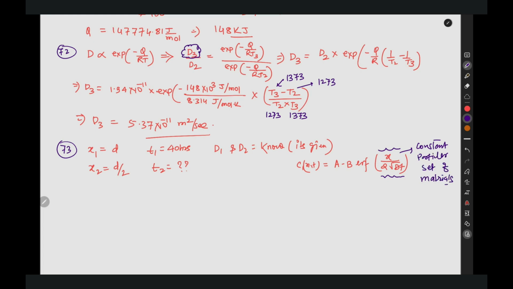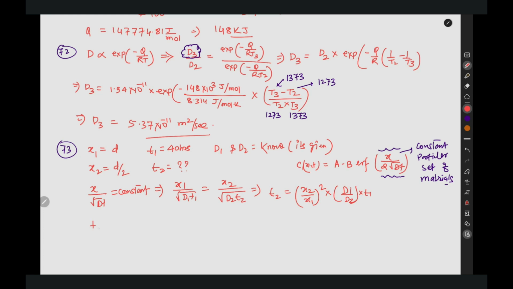So we can write x by root Dt equal to constant. Then x1 by root D1 t1 equal to x2 by root D2 t2. From here we have to determine t2. t2 equals x2 by x1 to the whole square into D1 by D2 into t1.